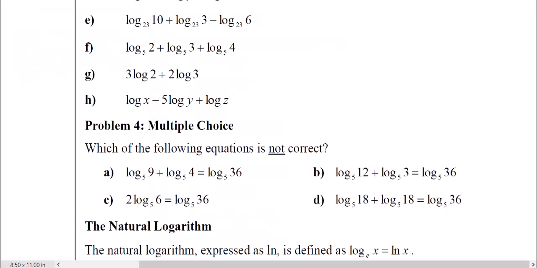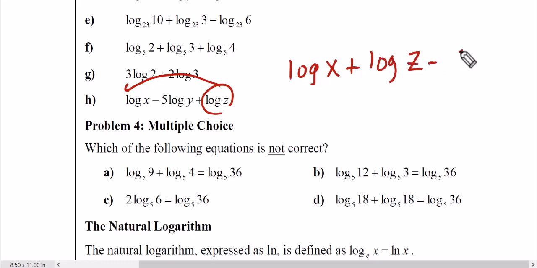For part H, we'll need to go ahead and rearrange things first. So notice that there's a minus right here, and that would imply division. However, I'm strongly suggesting that you do the following. Put all your pluses to the left, all your minuses to the right. So let's say log x plus log z minus 5 log y.